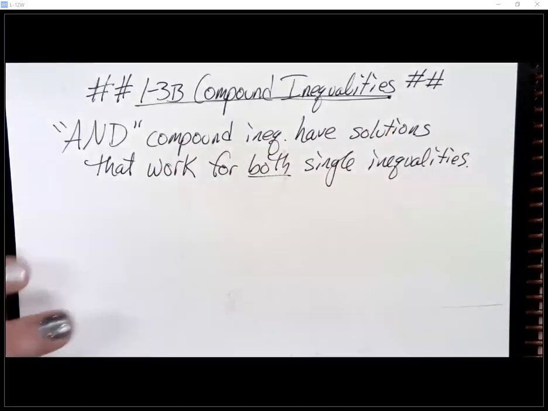There are two ways to tell that you have an and inequality. One of them is that they literally use the word and. So I'm going to start with that because that one's very obvious. If it says and, it's got to be an and. And then we'll talk about the other way that they could be represented.